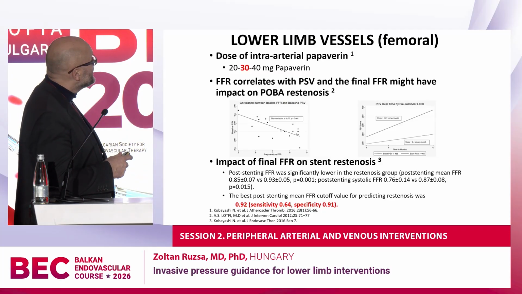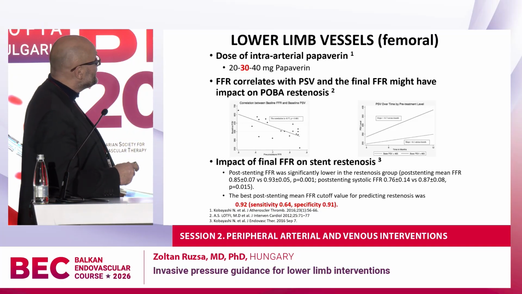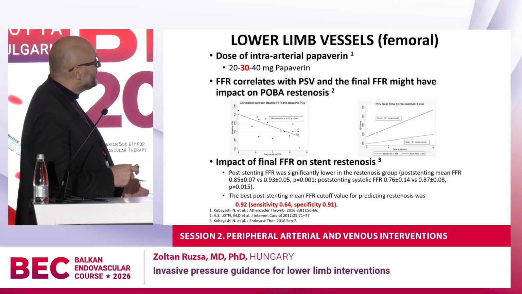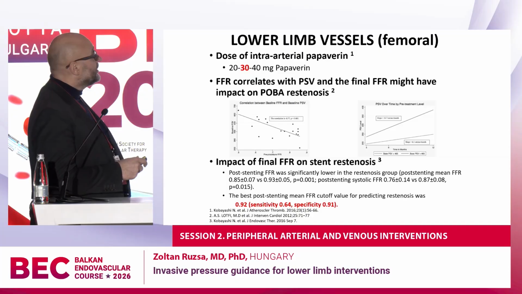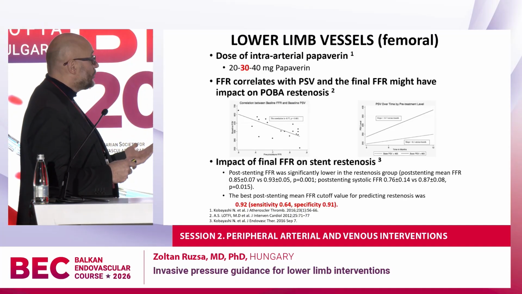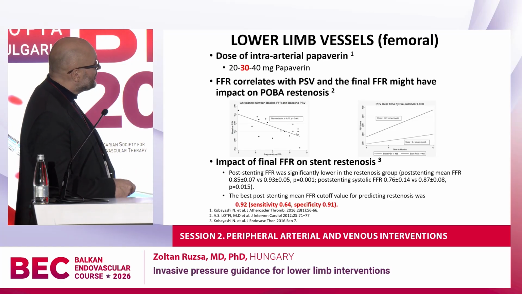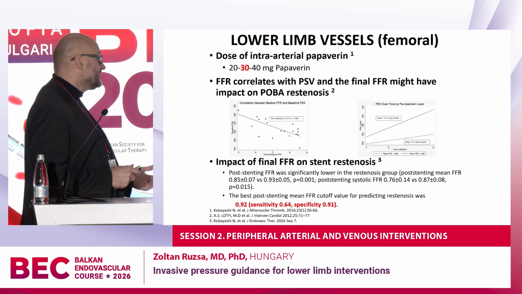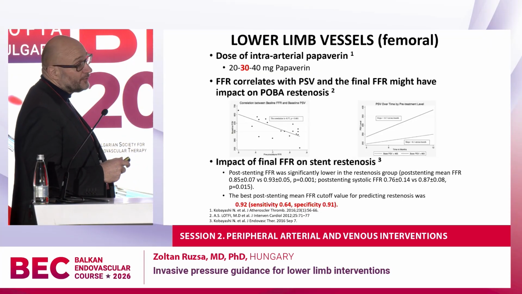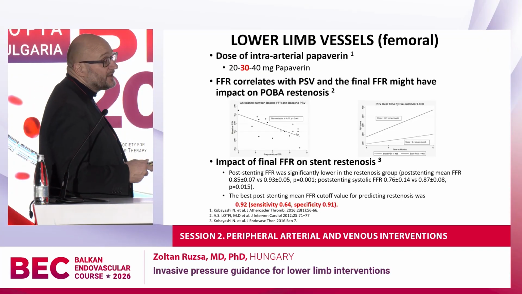FFR measurements can be induced by papaverine or adenosine. It correlates very nicely with the ultrasound measurements, and after the intervention, it correlates also with the restenosis at 1 year. Also, if you put a stent and then measure the pressures, there is a very nice correlation with the restenosis in the SFA.